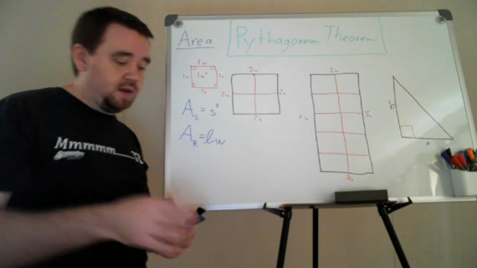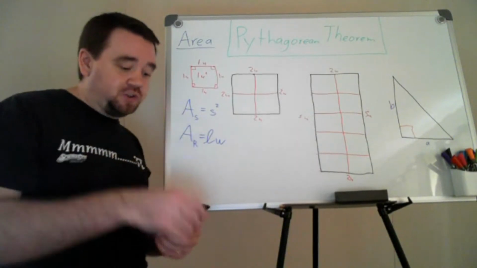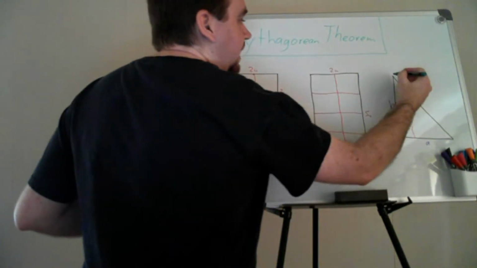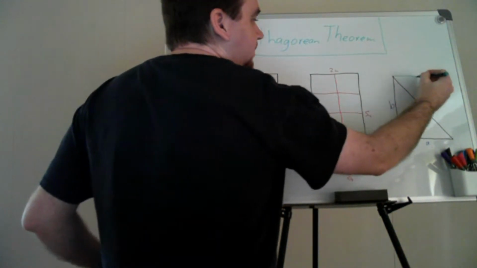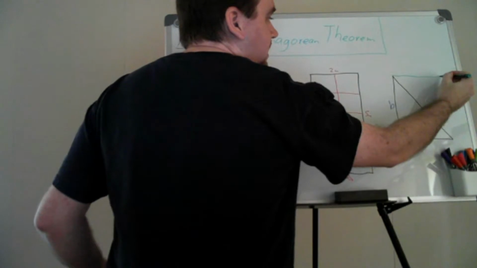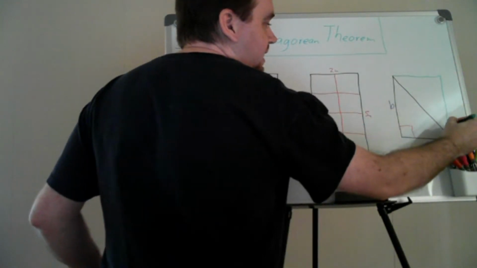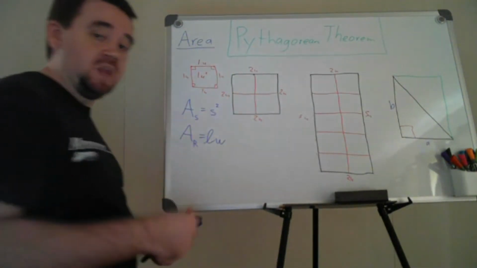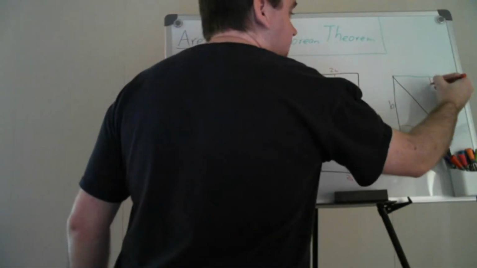You know what? I'm going to pretend there's something more to this triangle. What if I were to extend this side at a right angle and this side at a right angle? What would that give me? Think about the larger shape here.